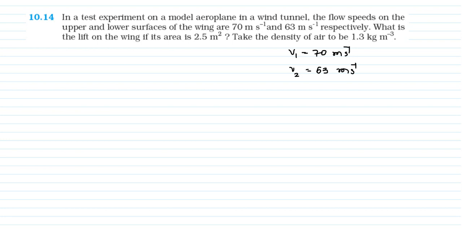What is the lift on the wing if its area is 2.5 meter square? Take the density of the air as 1.3 kilogram per meter cube.